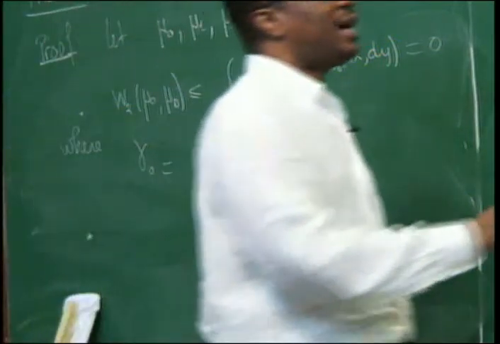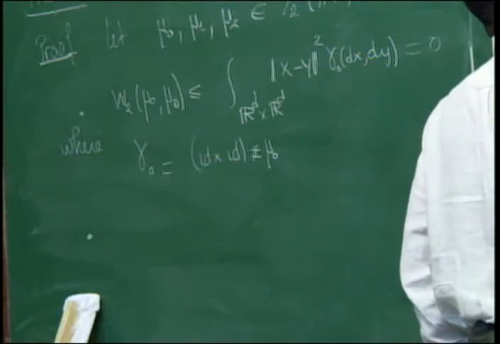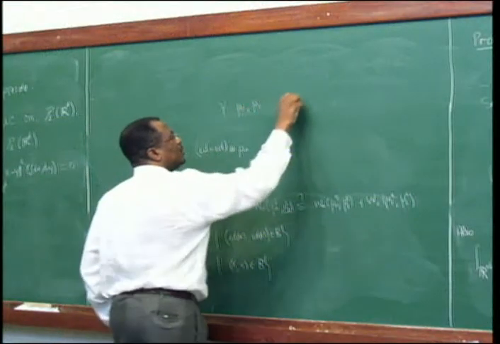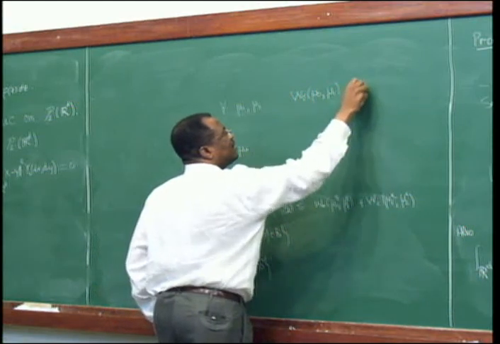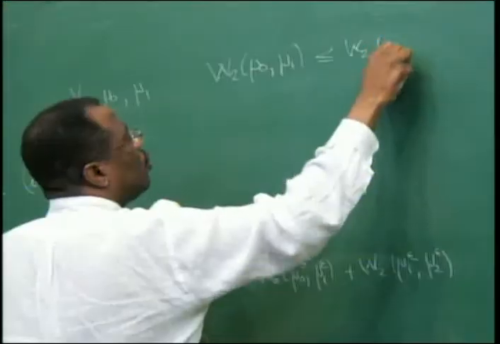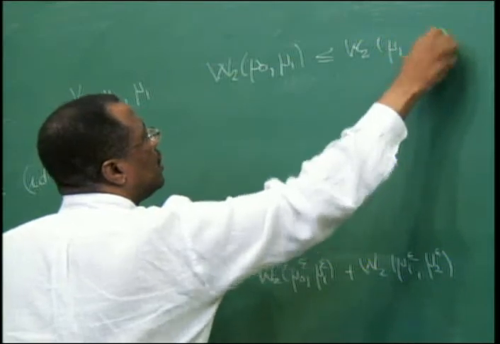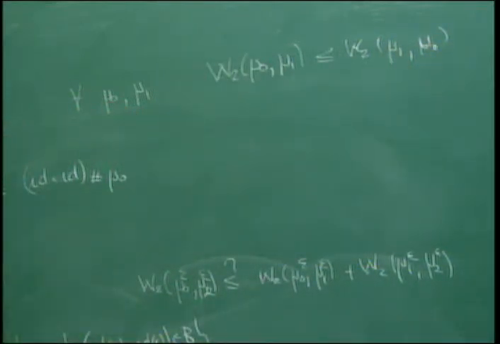If I can show that for every mu naught, mu1, W2 of mu naught, mu1 is less than or equal to W2 of mu1, mu naught, then both expressions are equal because mu naught and mu1 are arbitrary. I just substitute mu naught by mu1.